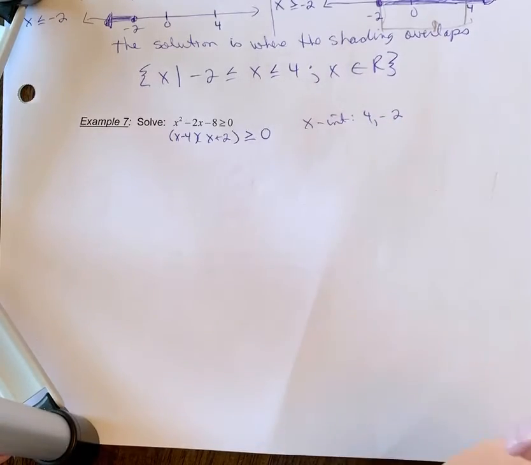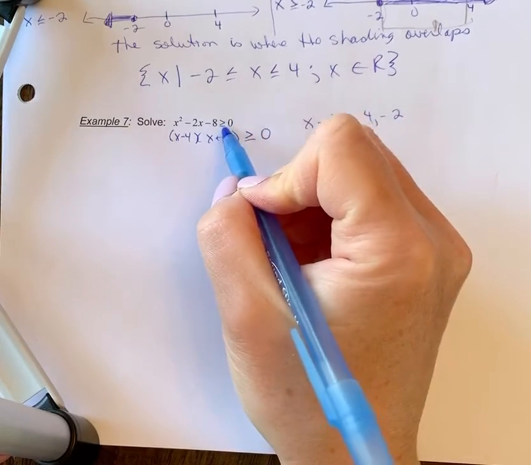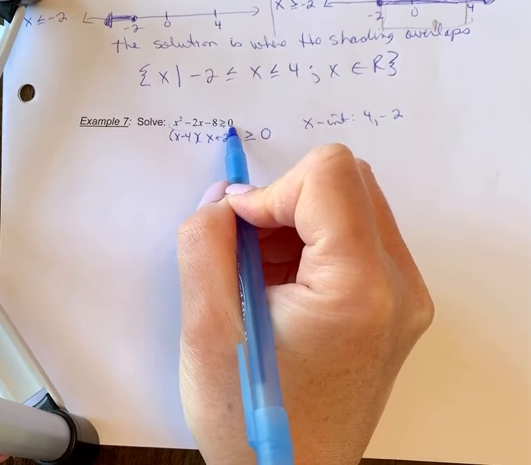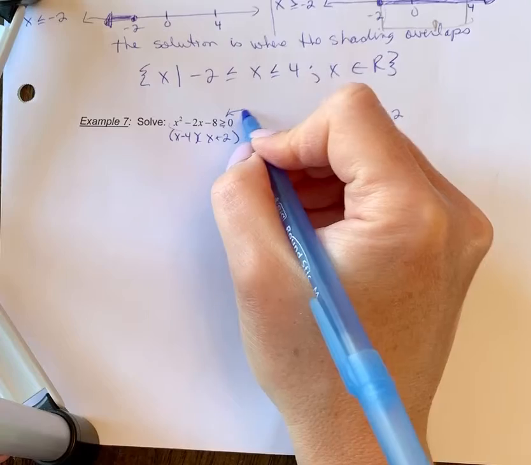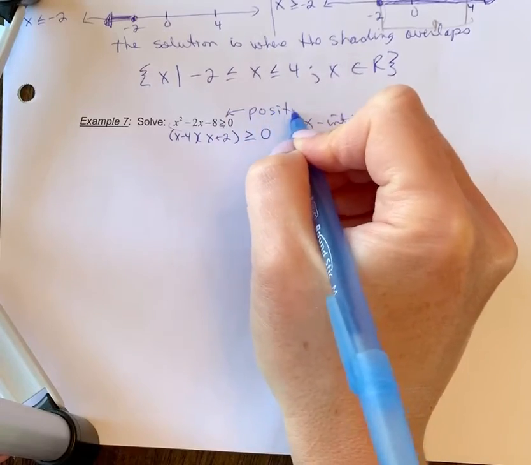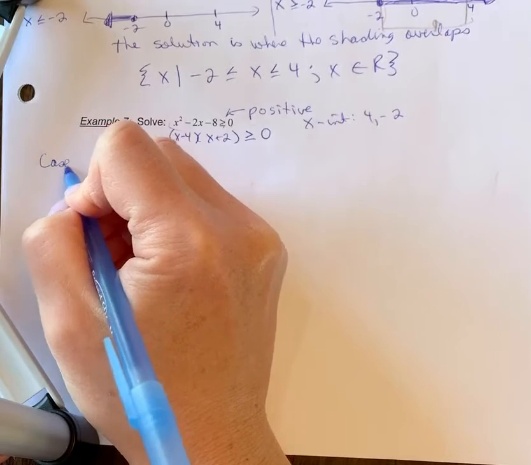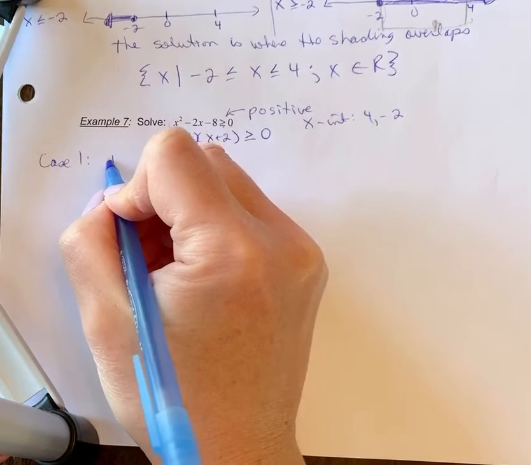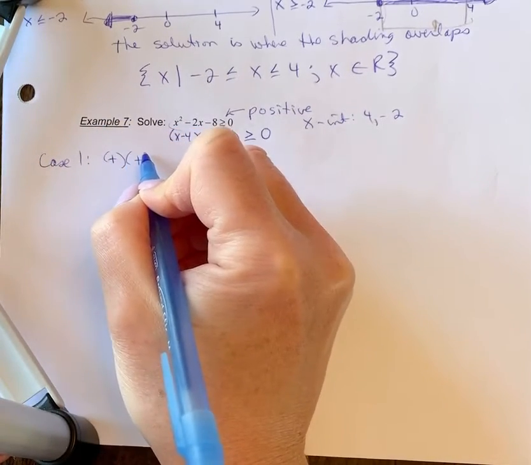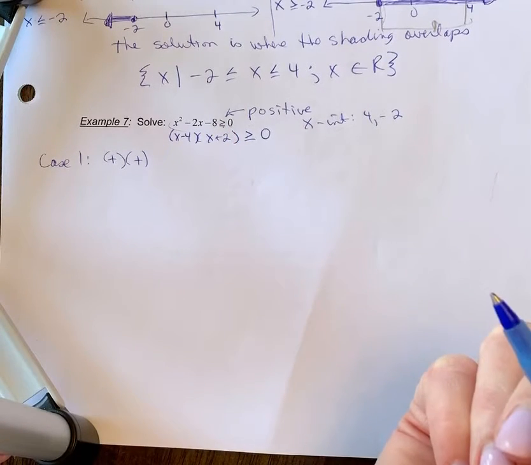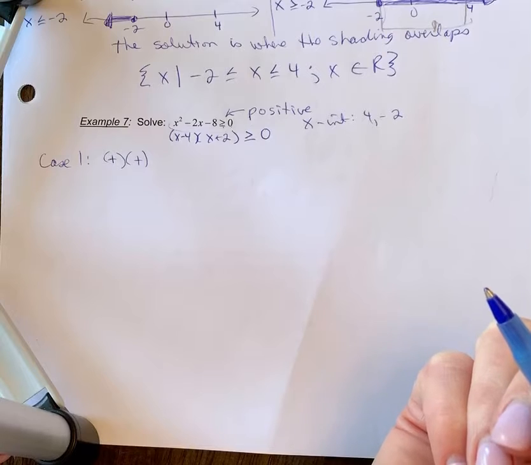Okay, now the key to this again is looking at this inequality sign. If this expression is greater than 0, that means positive. So how do I get positive numbers? Well, there's two ways. In case 1, you could have the first number being positive and the second number being positive. A positive number times a positive number is still a positive number.